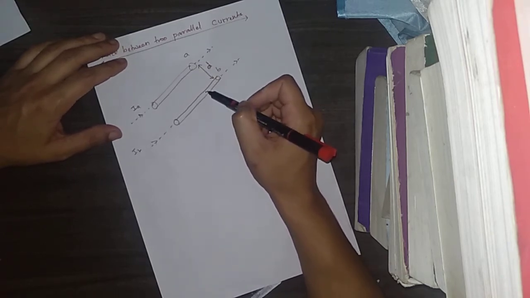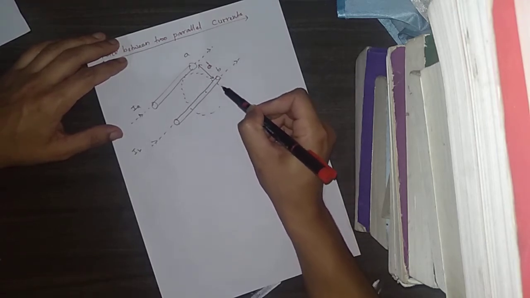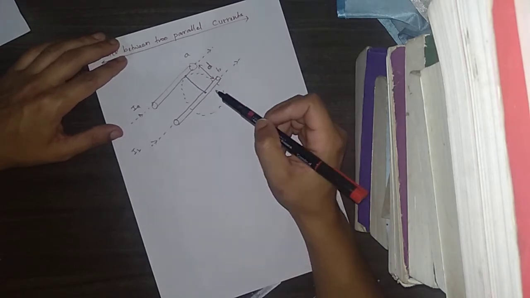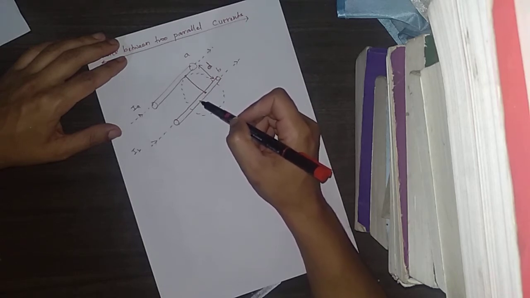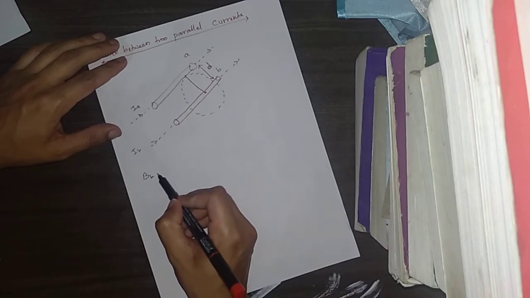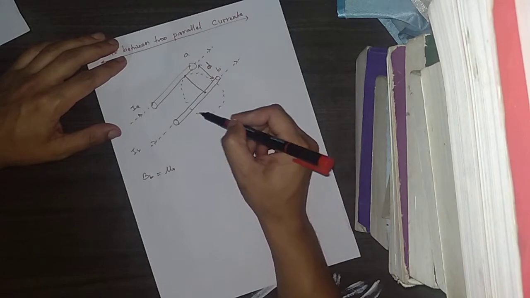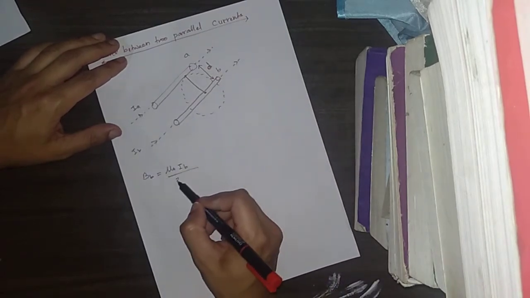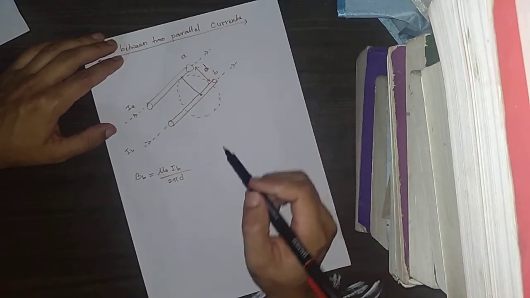That is, if I draw an Amperean loop this way, then at this distance from the wire, the value of the magnetic field produced by conductor B will be mu 0 into the I enclosed by this Amperean loop, which is IB, divided by 2 pi d, where d is the radius of the Amperean loop.